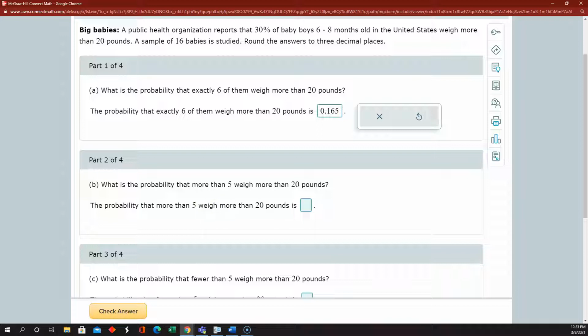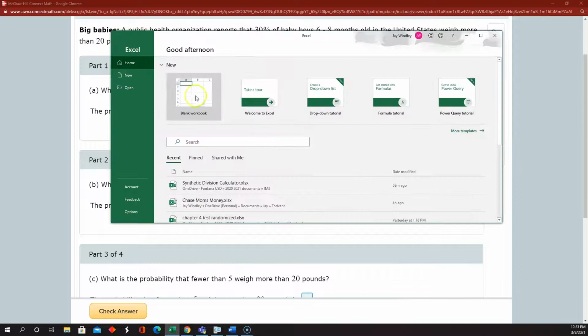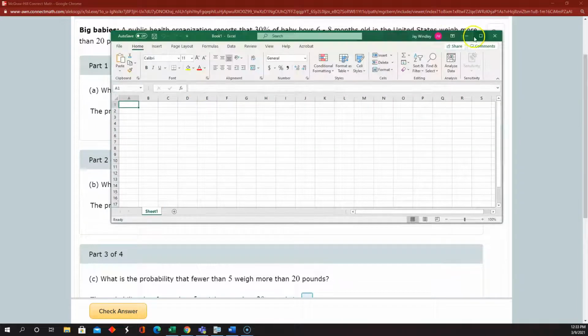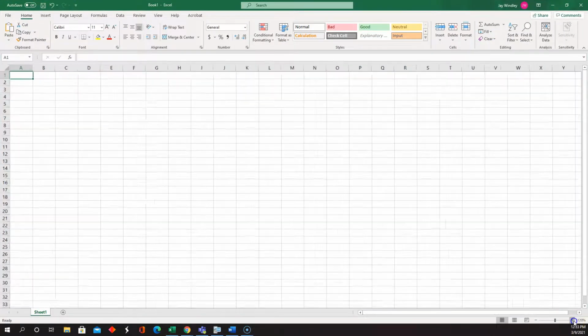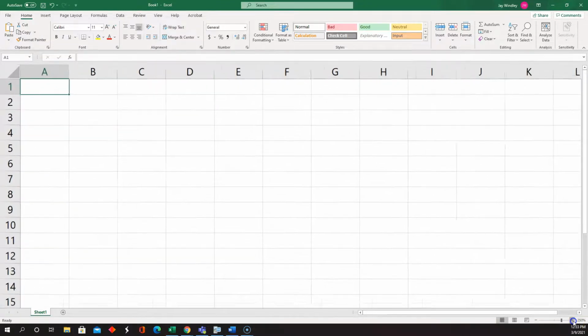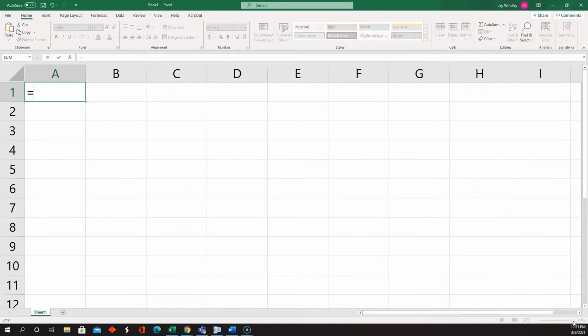There are a number of other ways to find that probability. If you're in Excel or in Google Sheets, either one, there's a binomial distribution function built in, binom distribution, and it wants the number of successes, which is 6.